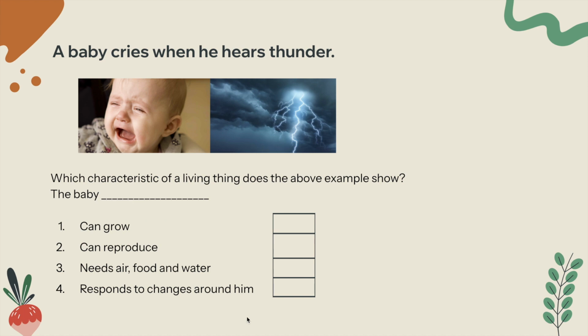Next, a baby cries when he hears thunder. Which characteristic of a living thing does the above example show? The baby can grow, can reproduce, needs air, food, and water, responds to changes around him.